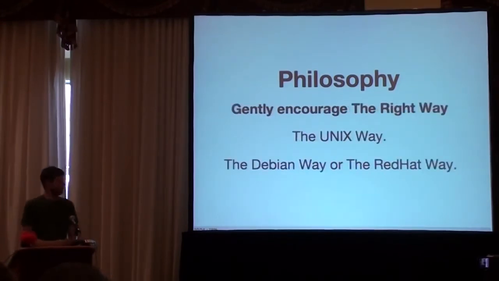Now, as we've developed Blueprint, we've come across a lot of decisions where we could do things in a more invasive or custom or unique way, or we could do things the UNIX way, the Debian way, or the Red Hat way. And we try to always choose doing things the most standard and conventional way to become the least surprising tool that we possibly can be.